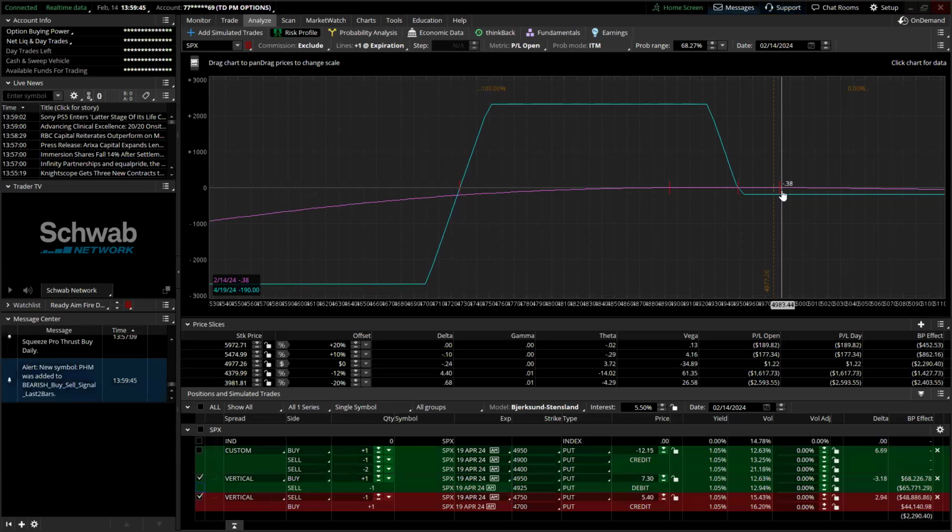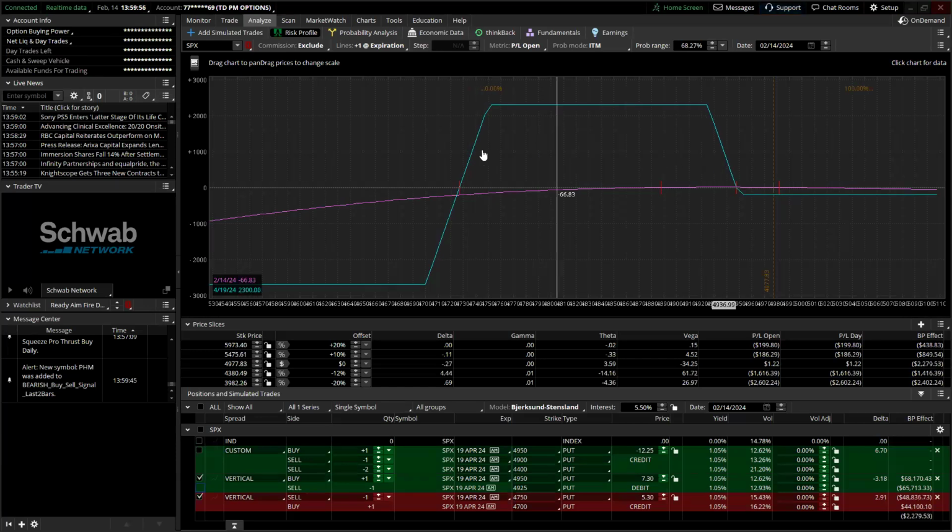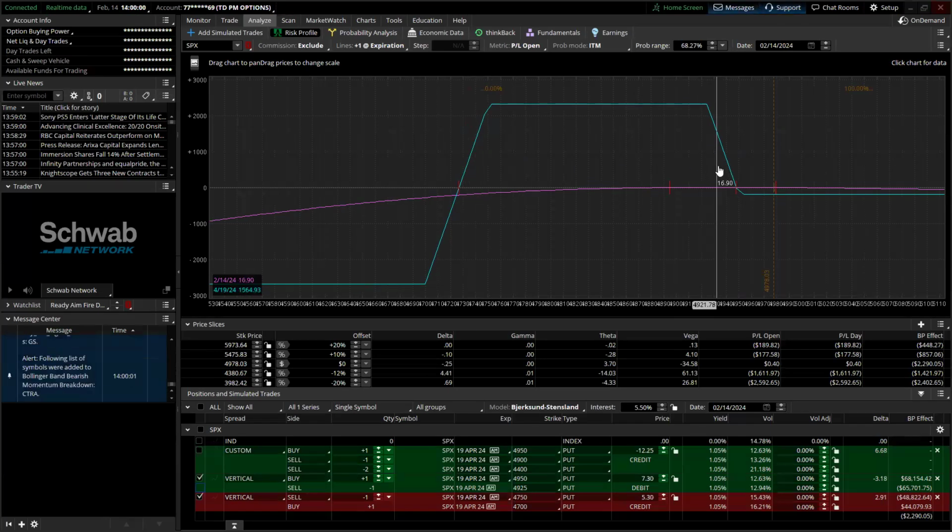What is another thing that is bad about this trade? Well, we have a much smaller or narrower bear trap, right?